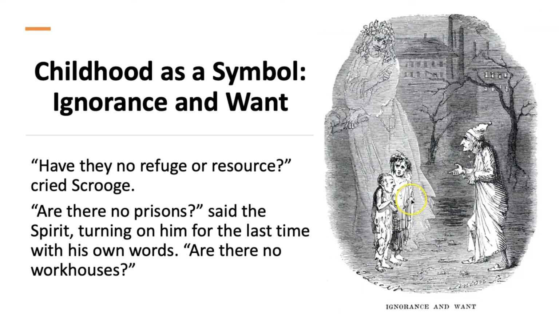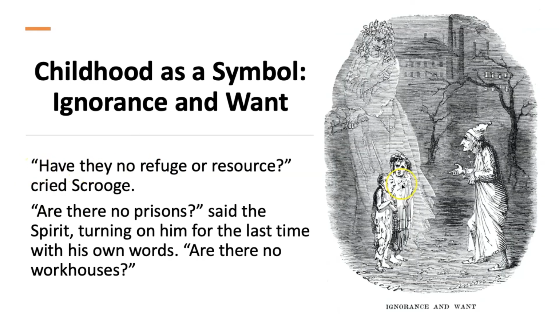And notice that Dickens focuses on ignorance as the worst. Hidden inside this book is the message that the most important way to help the poor children is through education. Hopefully you know about Dickens' involvement with the Ragged School movement and that he devoted a lot of energy to try and educate children of the poor. So this ghost again carries Dickens' political message.